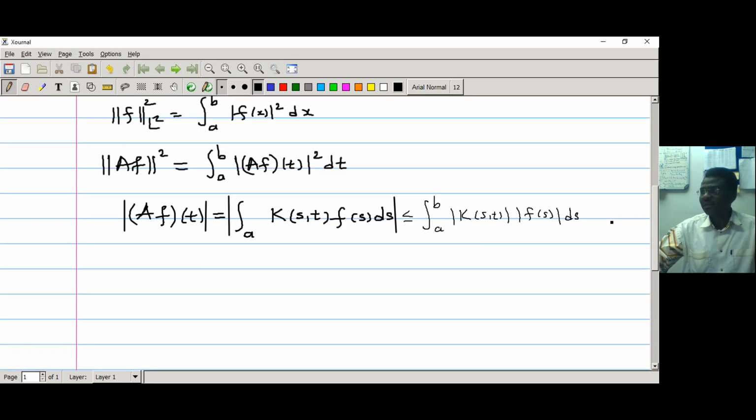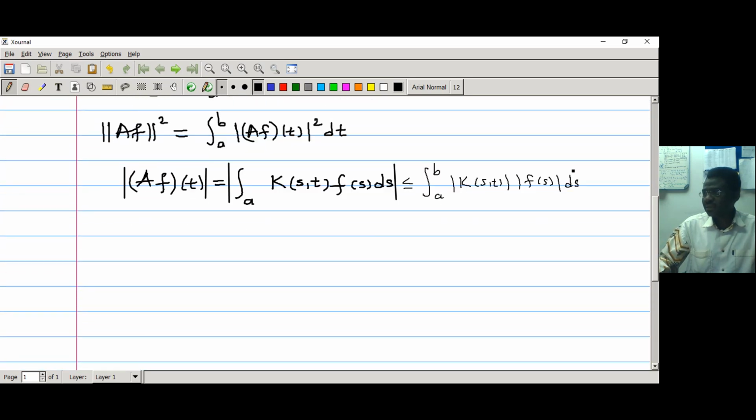Now we have a good result. We have that this is L2 and this is L2. You remember, that's why I was looking for the previous slide to show you where I wrote the Holder inequality. You remember 1 over p plus 1 over q equal to 1. Now you see that this is like our p, this is like our q.